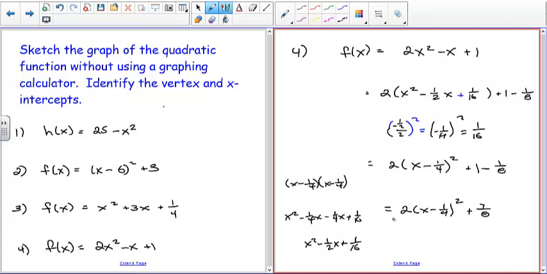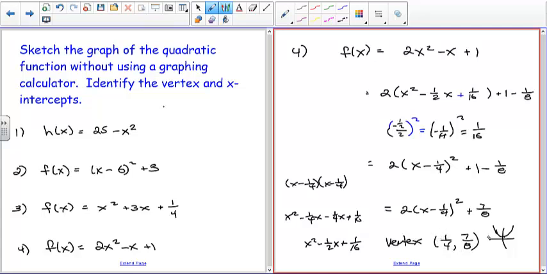So this is the standard form. So the vertex is going to be at 1/4 and 7/8. And because both those are positive, it's going to be right in the corner here, and then it's going to be positive, so it's going to be pointing up this direction.